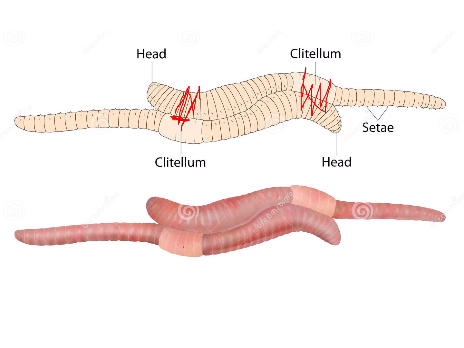The genital setae near the clitellum anchor the two worms. The genital setae of one earthworm penetrate into the body of the other earthworm, and vice versa. So the earthworms are now bound with genital setae and with mucus.